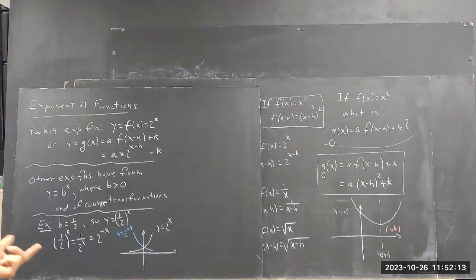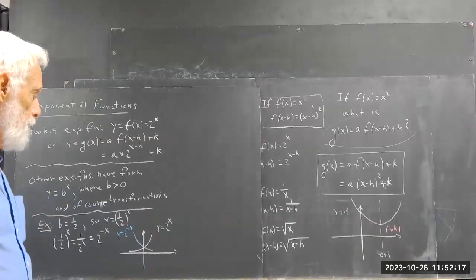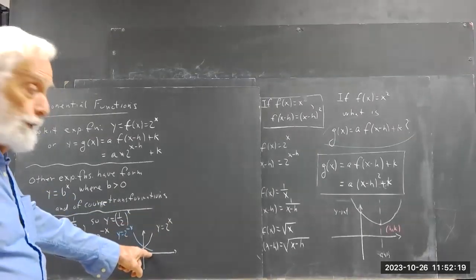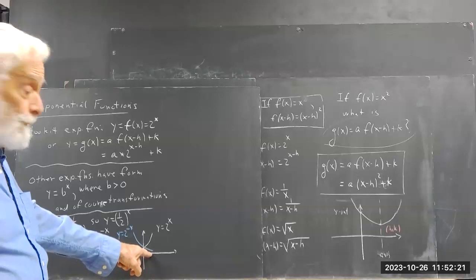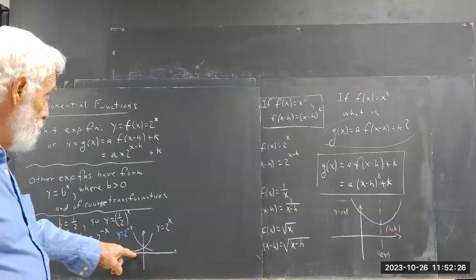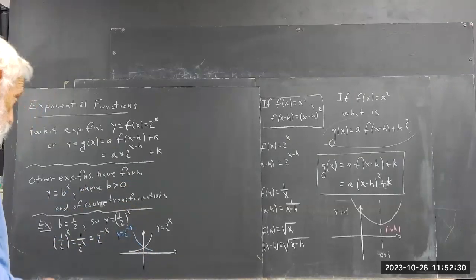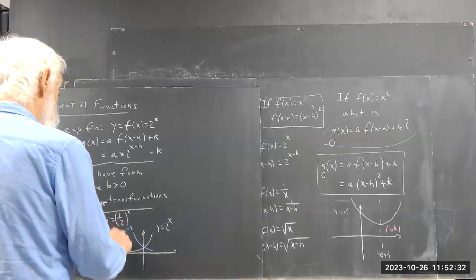We've just replaced x by negative x. So whatever the value is at an x on this side, the value of the other function is the same for the x on this side. If that makes sense. It's a coherent statement.